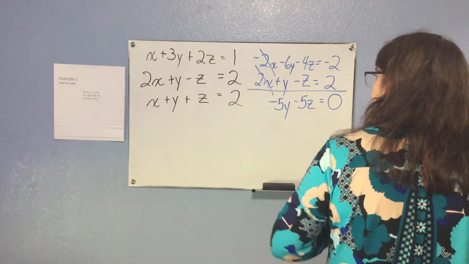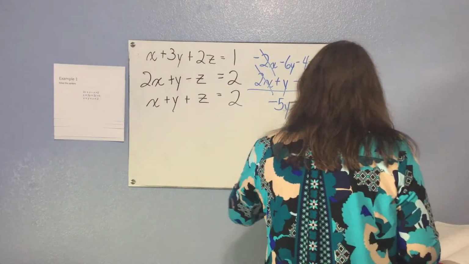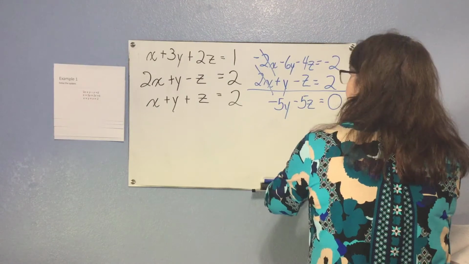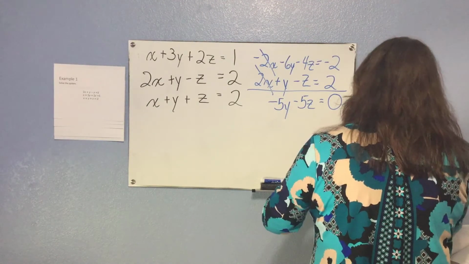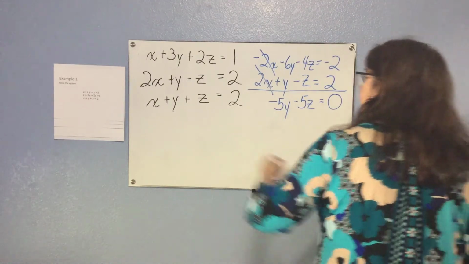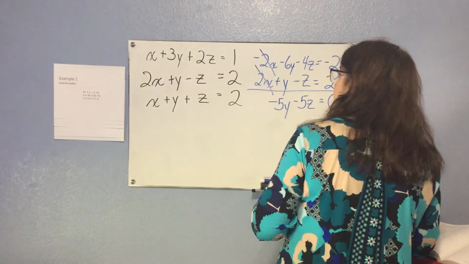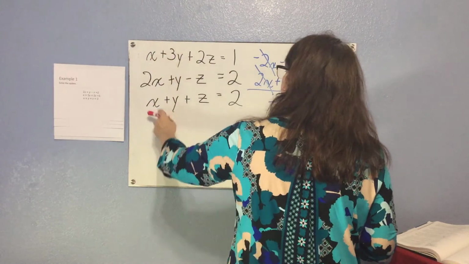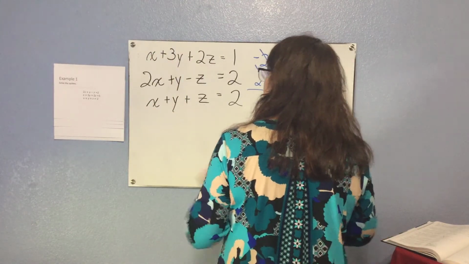Okay, so now I have one equation with only two variables. I want another one. This time, I can see that the first equation and the third equation have the same x coefficient already. So I'm going to just subtract this from this.